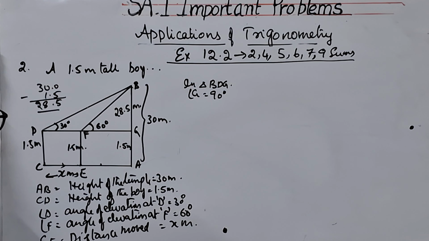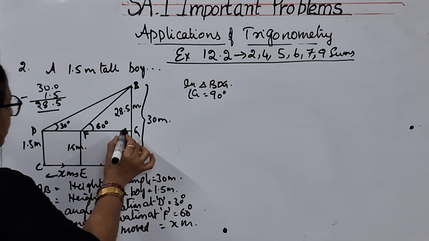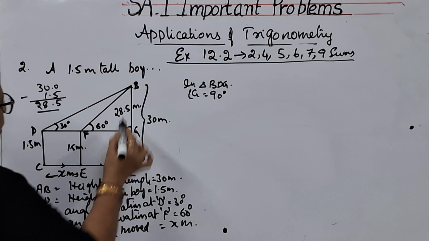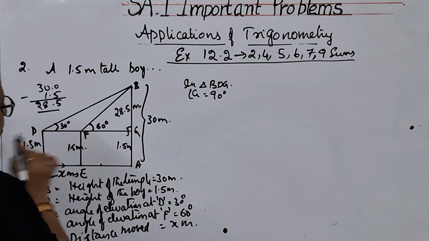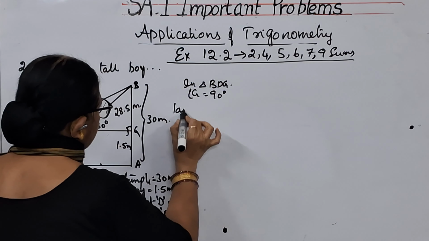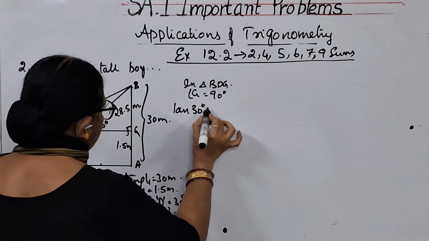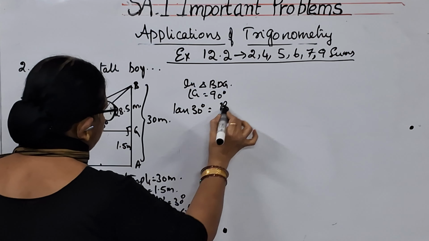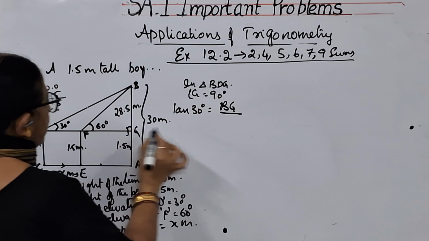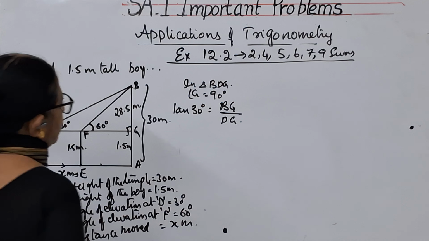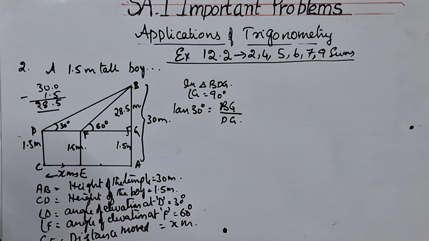So, angle G is 90 degrees here. Children, opposite side by adjacent side is tan. Tan 30 degrees is equal to BG by DG. What is tan 30 degrees, children?